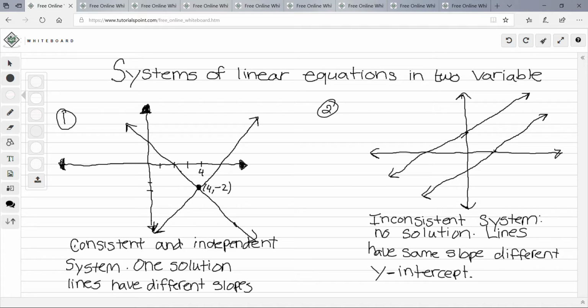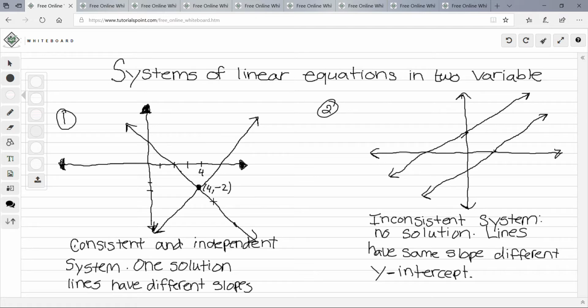Before we get started, I want to go over some of the graphs of a system of linear equations in two variables. So graph 1 over here. Notice how they intersect at one point.